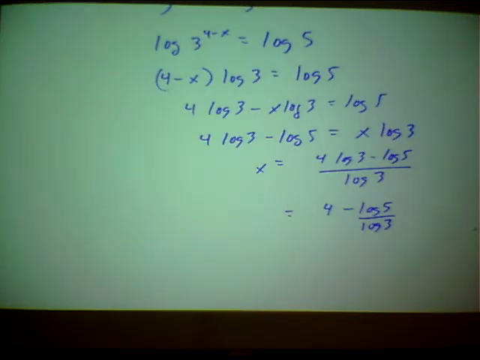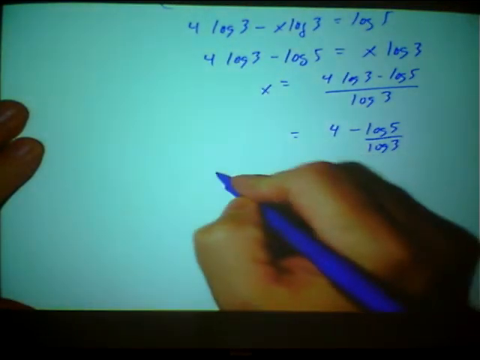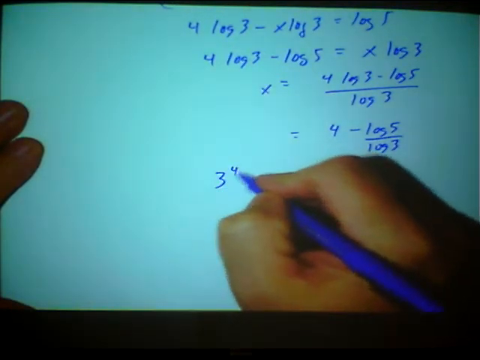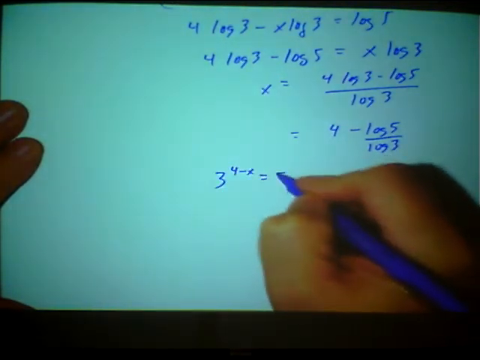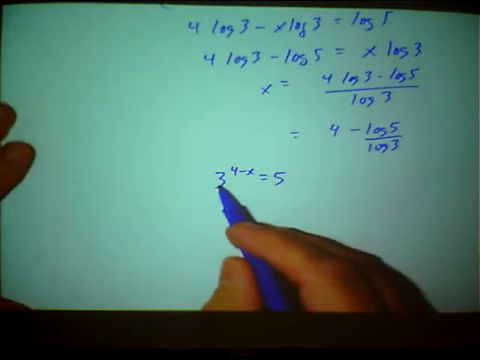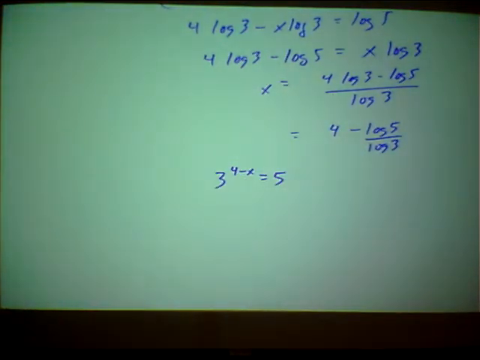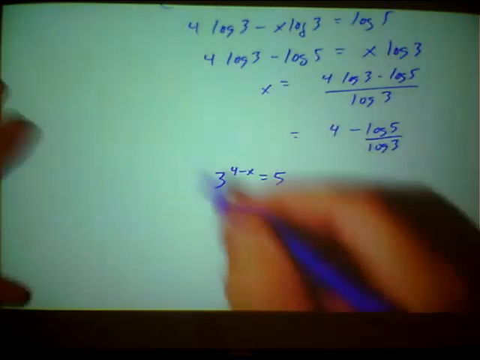Now just out of interest, let's see what happens if we try and use the change of base method. So let's write down my original problem again. Since I have 3 to the 4 minus x, I'm going to take the log base 3 of both sides.